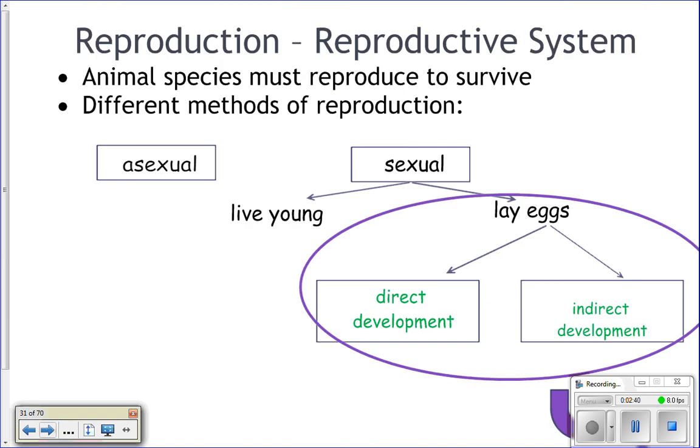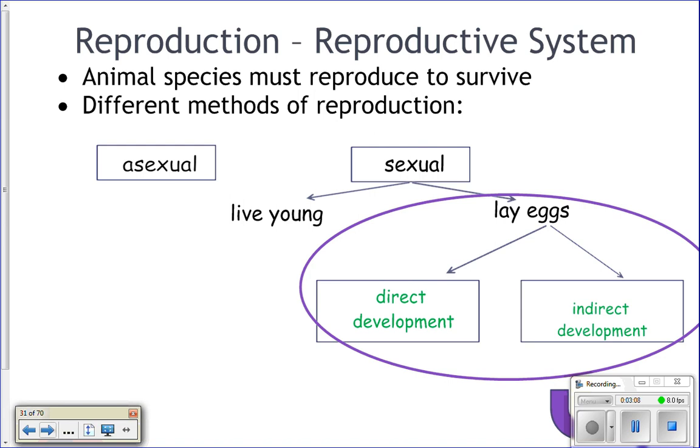The next thing that all living things have to be able to do is reproduce. In order for a species to survive, they have to be able to reproduce themselves and pass on their genetic material. We've already talked about this a little bit, but you have asexual and sexual reproduction. In asexual reproduction, you have genetically identical offspring. In sexual reproduction, you have genetically different offspring.